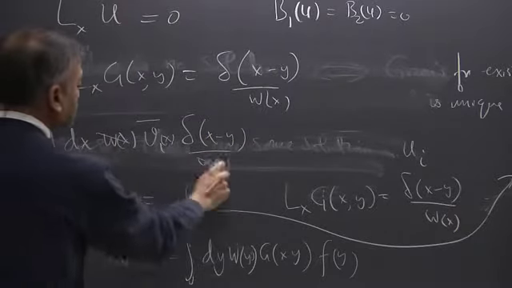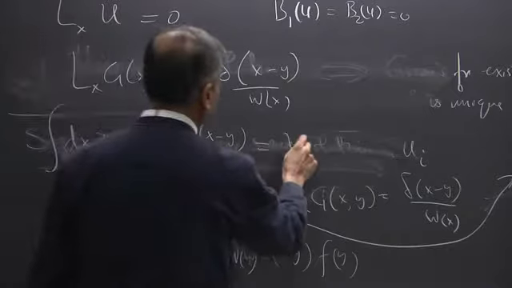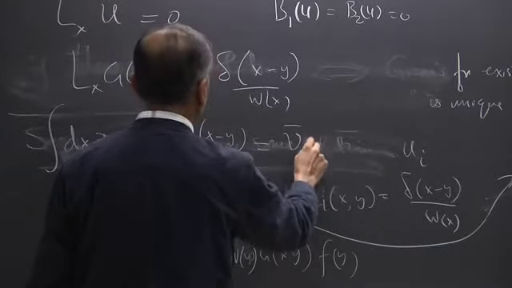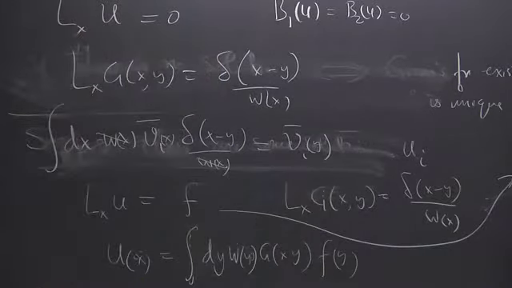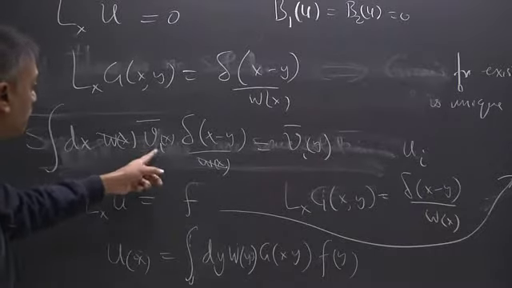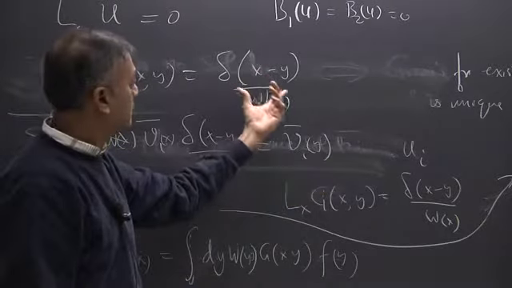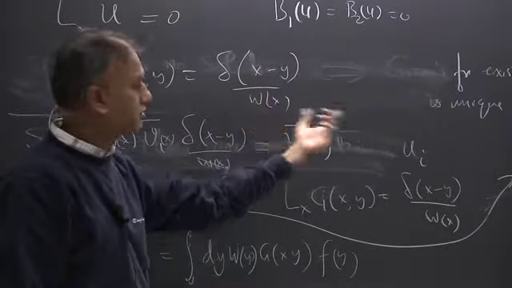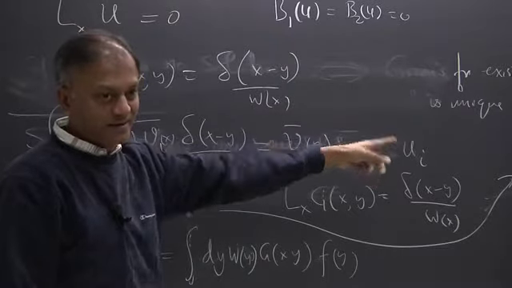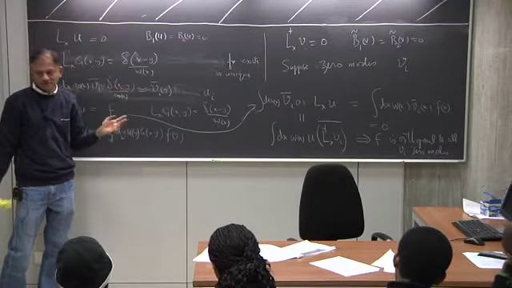Well, w(x) cancels, and you find that this is nothing else but vi bar at y, which is not 0. If there is a 0 mode, this is obviously not 0. So this is not orthogonal to the 0 modes of the L dagger operator, and that's the reason why we are not able to find the Green's function.